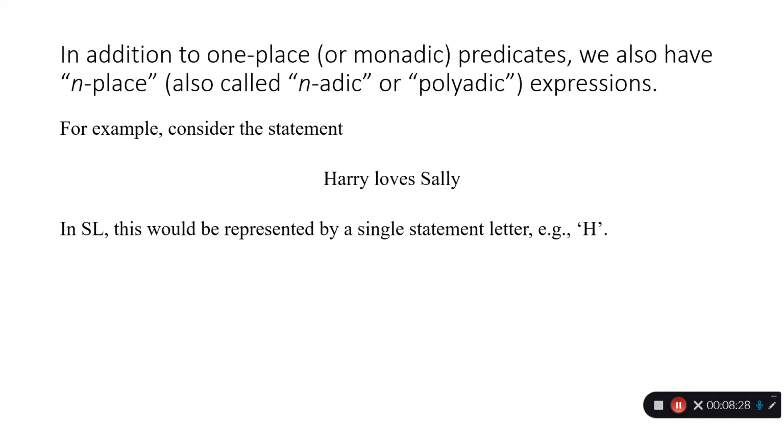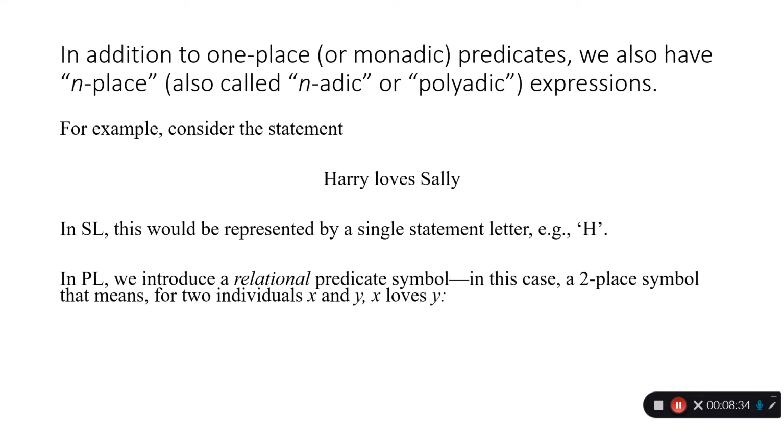So in statement logic, you would use a single statement letter. In predicate logic, we have to introduce a two-place predicate symbol. So let's use LXY. LXY means when you write an individual name in place of the X and put a name in place of Y, it means the thing named by the left-hand side loves the person named by the right-hand side.